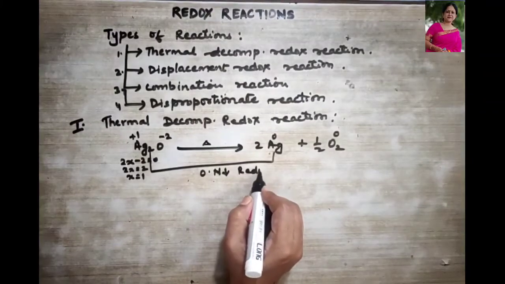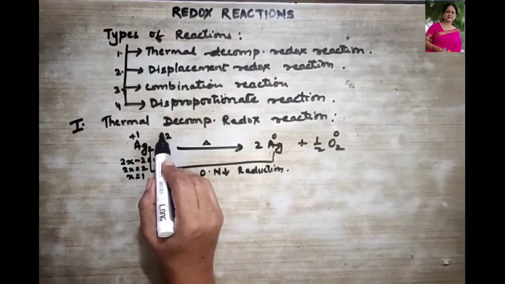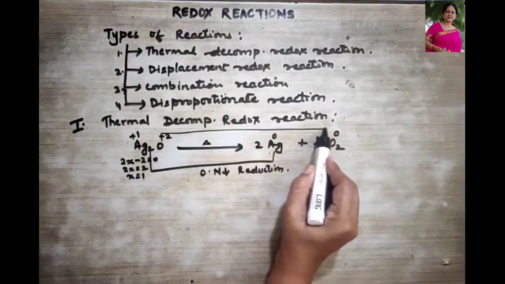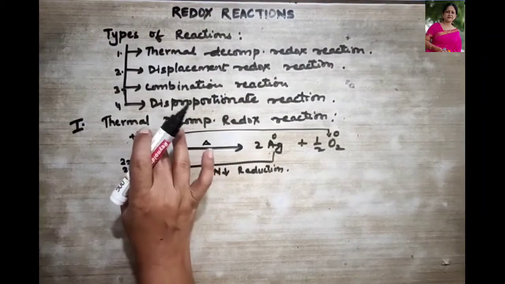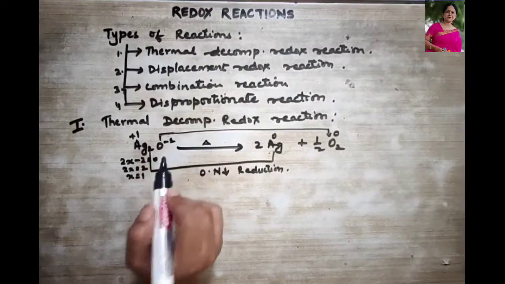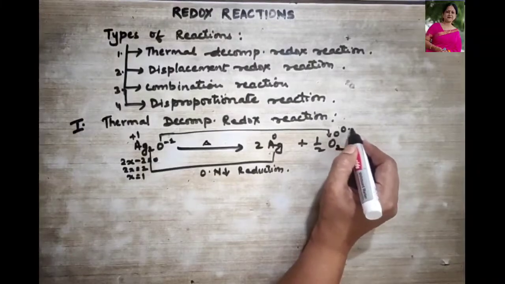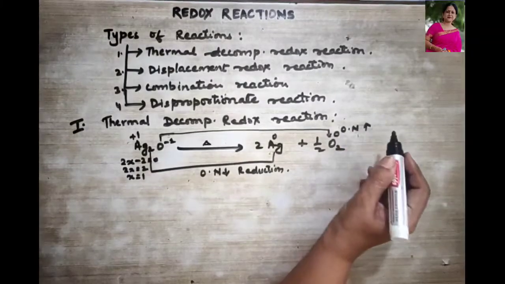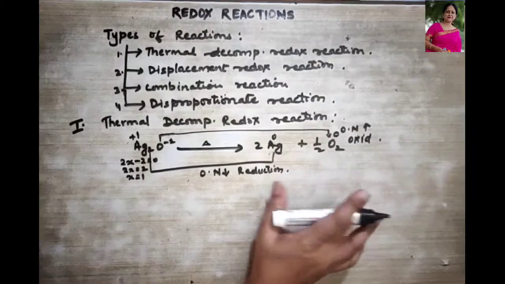So here reduction is taking place. Whereas if you look at oxygen, from -2 to 0, the oxidation number has increased. Therefore, it shows oxidation, right?